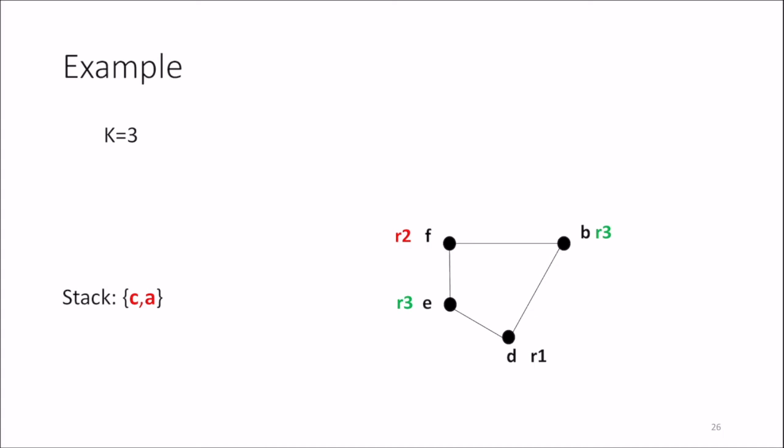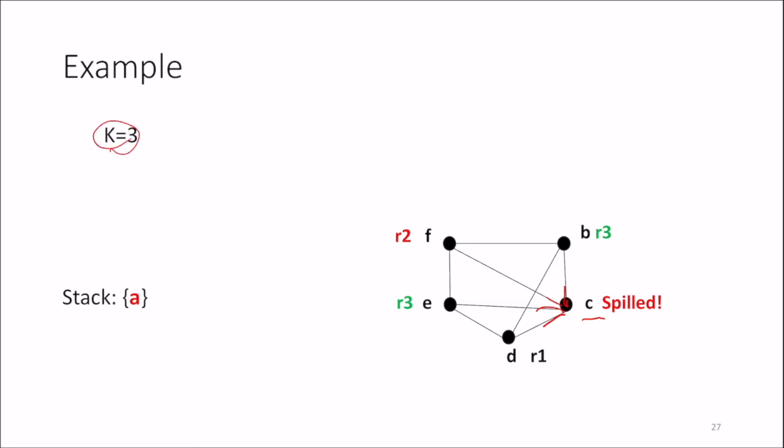And here, notice that B is assigned to R3 because it doesn't share an edge with E, which was previously assigned to R3. Now when we add C to the mix, C is connected to 4 different neighbors. So it's not possible to 3-color this graph because we're assuming, remember, that k equals 3.